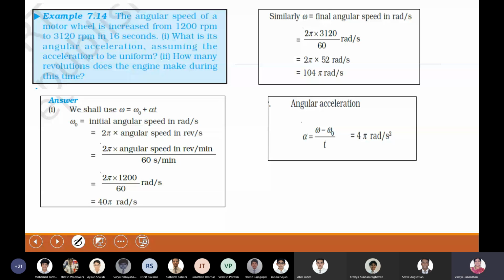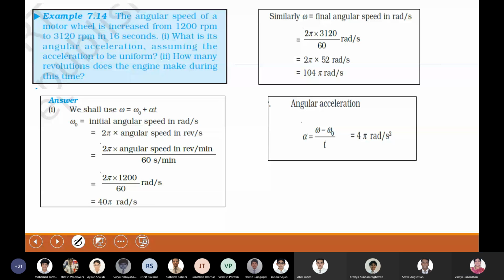Now, how many revolutions does the engine make during this time? Boys, the body is rotating. For one complete rotation, what should be the angle swept? 2 pi radians.